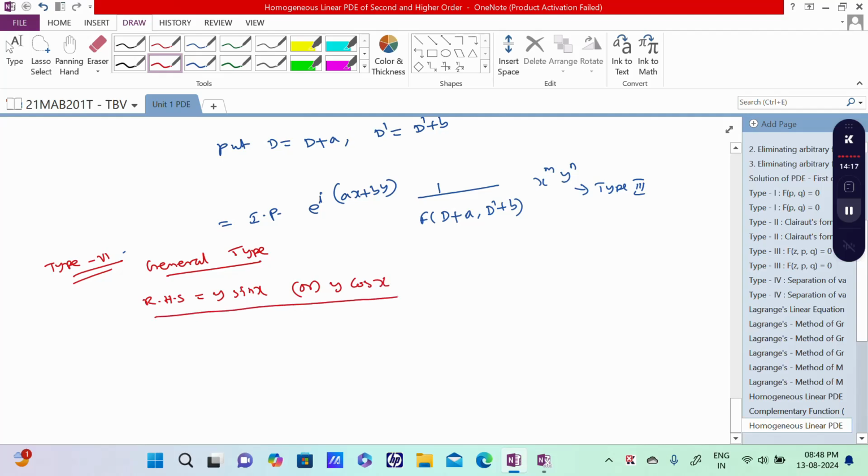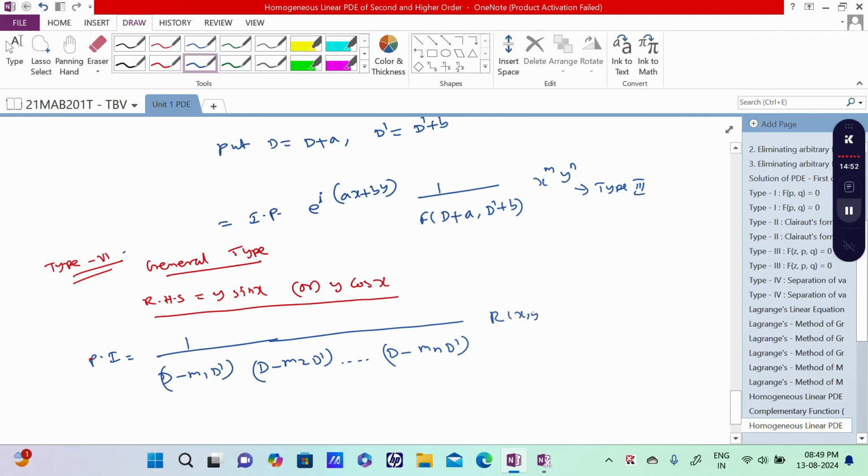We use this form: 1 divided by D minus m D dash, and then R of x comma y should be the value of the particular integral, 1 divided by D minus m1 D dash and D minus m2 D dash and so on, D minus mn D dash, into R of x comma y.